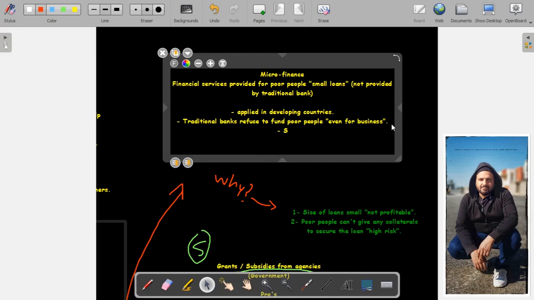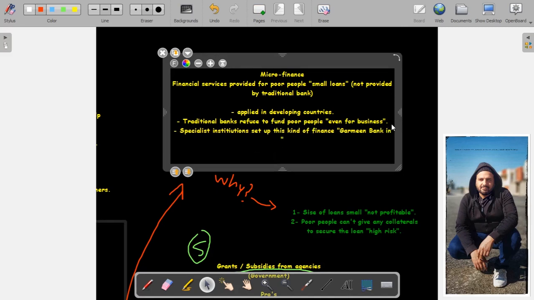There are specialized institutions that set up this kind of finance. There are many of them actually. One of them, as an example, is the Grameen Bank in Bangladesh.